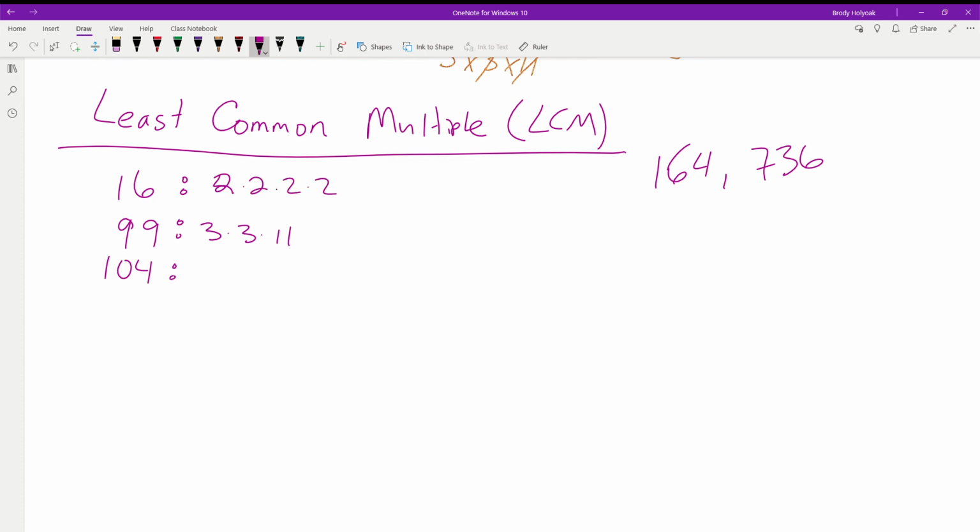Because you get 16 by multiplying 4 by 4, and then each of those 4 splits up into the 2 2s. Okay, 104. What do we start splitting that guy up into? 13 and 3 2s.